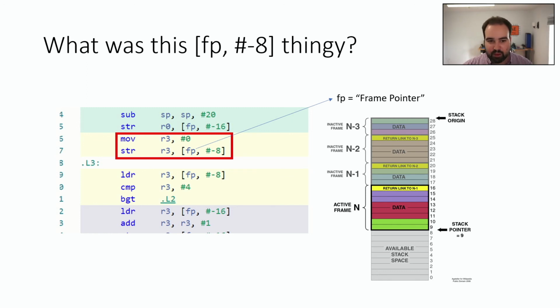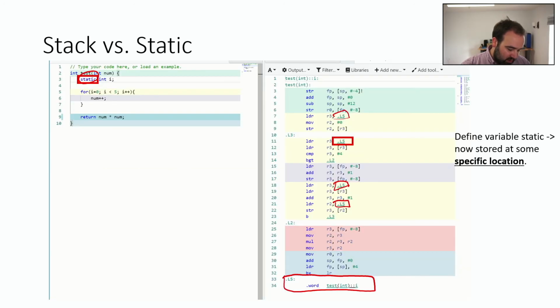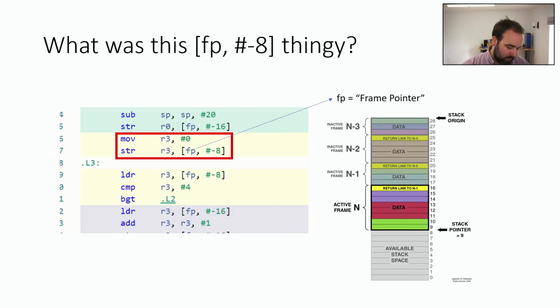The important thing I want to highlight is that this location is not necessarily fixed, so that's why we have an offset relative to the current stack frame. And so the local variables get stored on the stack in this case. Otherwise, here, because the local variable was declared static, even though it's local, it was stored at some fixed, unique location in memory.